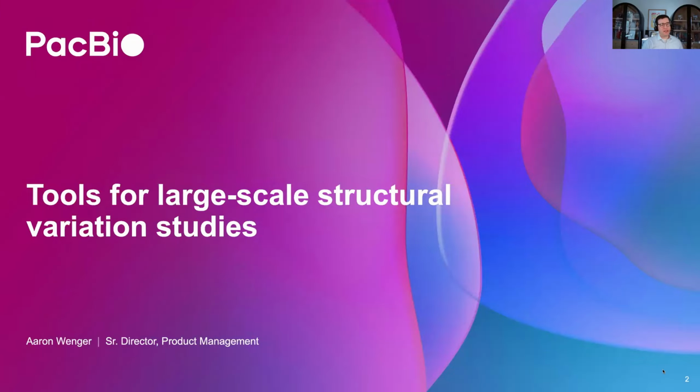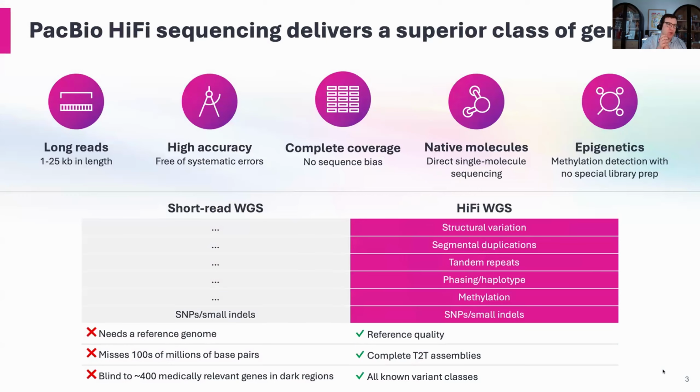Great. Thanks, Nina. As Nina said, I'll focus on some of the tools that PacBio has developed for large-scale structural variation studies. And first among these is the core sequencing technology, so the PacBio HiFi sequencing chemistry. Fundamentally, this technology delivers a superior, more complete class of genome.